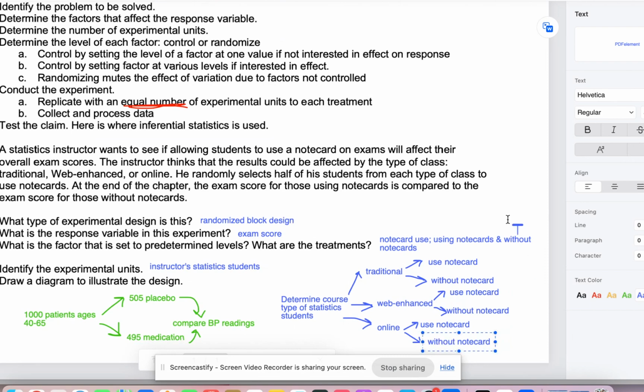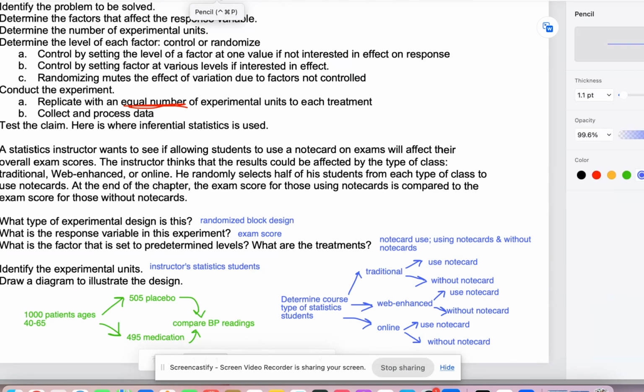Does not want to let me move it. There we go. Again, just doing the randomization is not the experiment, right? We have to figure out what we're looking for at the end. So in this case, we're comparing, and this is how we draw compare, right? We draw arrows to each other. In this case, the arrows are within each block because I am comparing within each block those who used a note card with those who were without a note card.